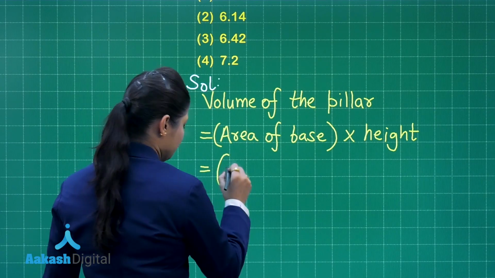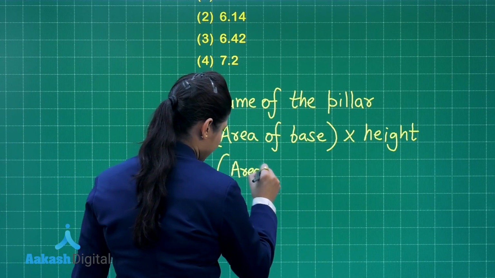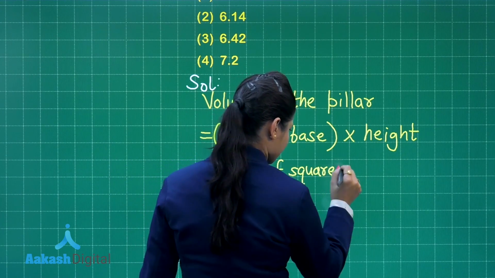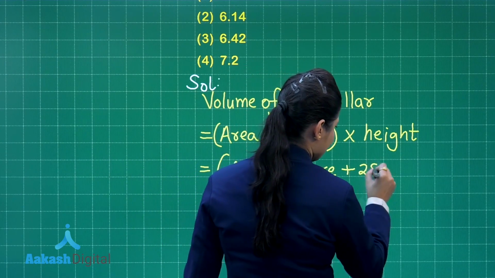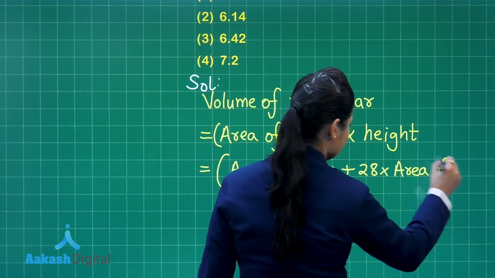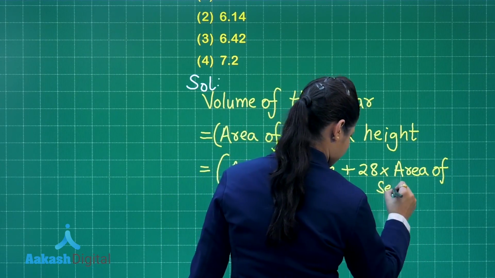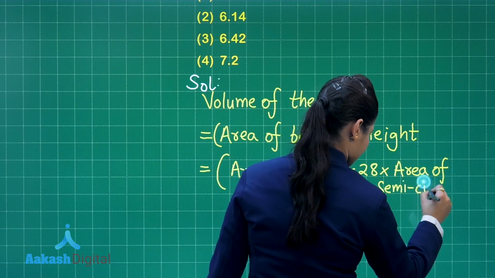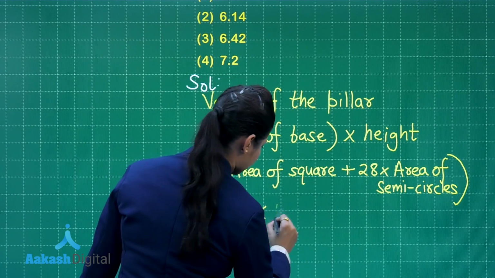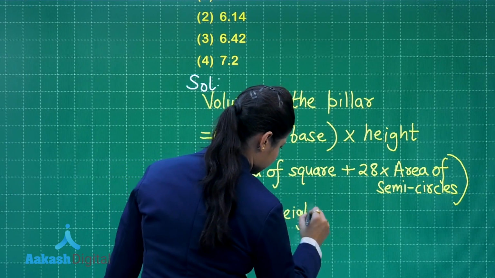So it will be equal to area of square plus 28 into area of semicircles whole into height of pillar.